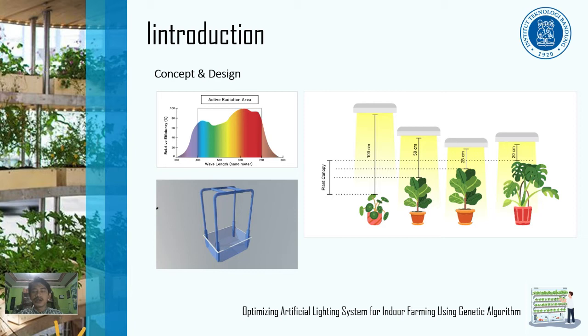This is for the seed, where the plant is aged from 0 to 7 days. Then the light is pulled down to 50 centimeters for the growing plant, from 7 to 14 days. Then it is pulled down again to 25 centimeters for the adult plant, from 14 to 21 days.